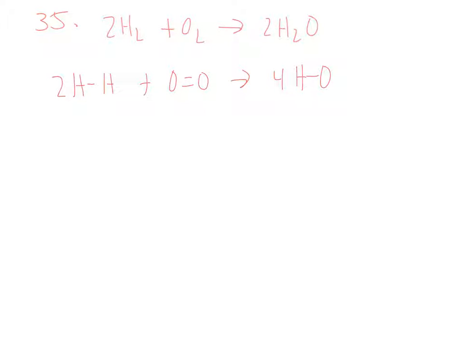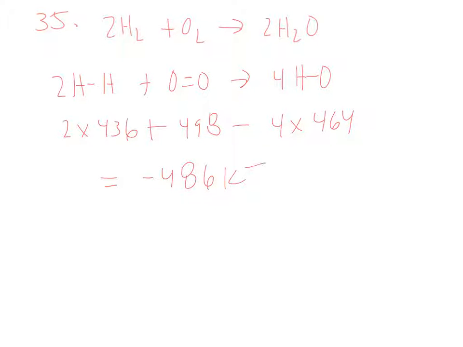So I don't have any canceling out to do on the reactant and product side, but I can go ahead and plug in my values. I've got 2 times 436 plus 1 oxygen double bond at 498 minus the 4 times the OH bond at 464. And that's given me a net negative 486 kilojoules.